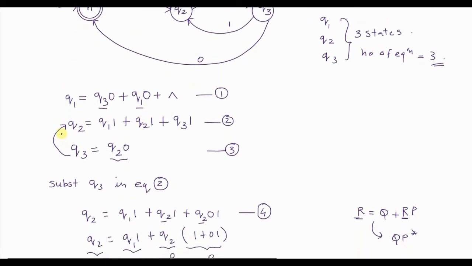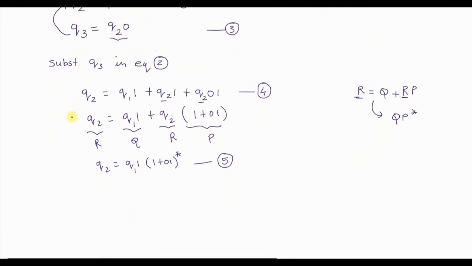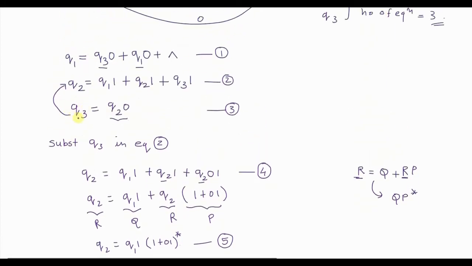So the final regular expression you are going to get in the equation Q1, because Q1 is the final state. So far what we have done is we have substituted Q3 in Q2. Now we have to substitute Q3 in Q1, because your final regular expression will be present in Q1.